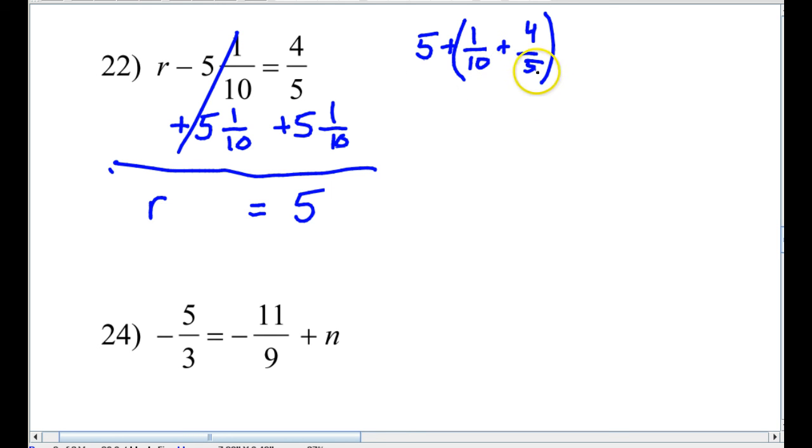Common denominator is 10. 10 goes into both of those, so that stays the same. The second one will have that's 8/10. So our final answer will be 9/10. So 5 and 9/10. And if you convert it to an improper fraction with common denominator 10, you get 59/10 as your answer. If we convert this, you can see 10 times 5 plus 9 is 59. So it worked out either way.